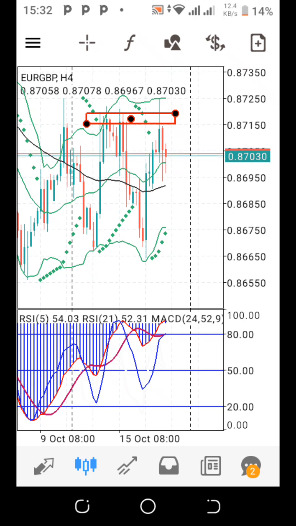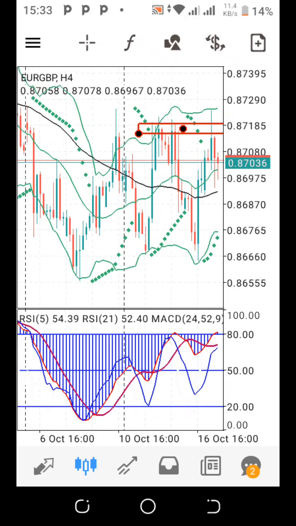And again, the time for this double top or double bottom is that it has to happen on the 4 hours time frame, from the first opening 3 candles of the 4 hours time frame, that is the 00, the 400, the 800 and the 1200.